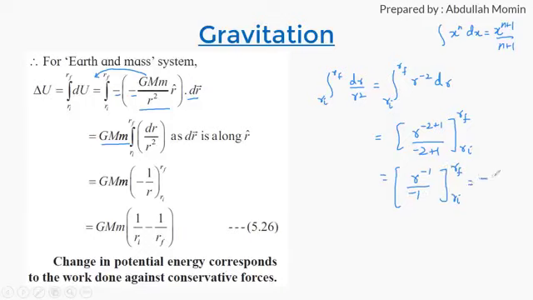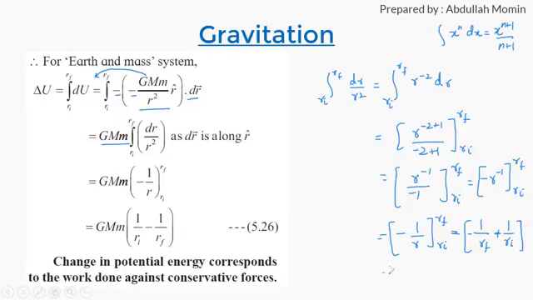So we can write minus 1 upon r from final to initial, which is minus 1 upon rf minus minus 1 upon ri. So we can write 1 upon ri minus 1 upon rf. This is the integration of ri to rf dr upon r square.